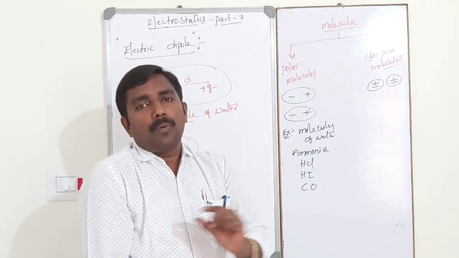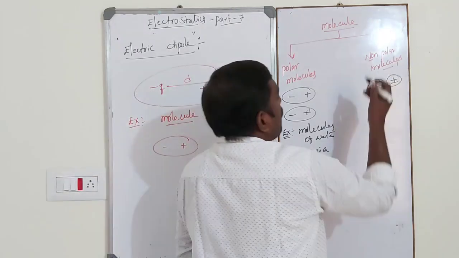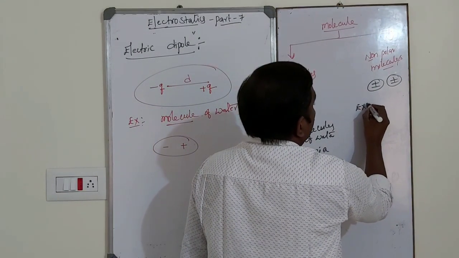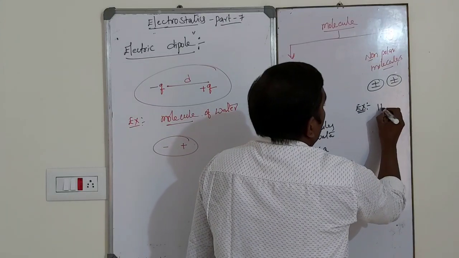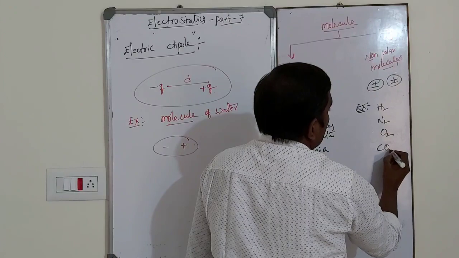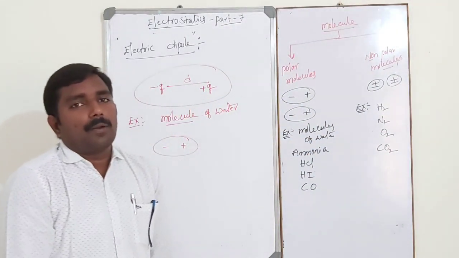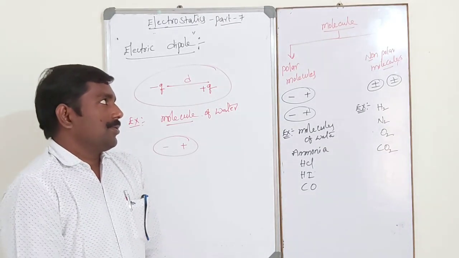It possesses a dipole moment, but it is a temporary dipole moment. Examples for non-polar molecules: H2, N2, O2, CO2, like this.